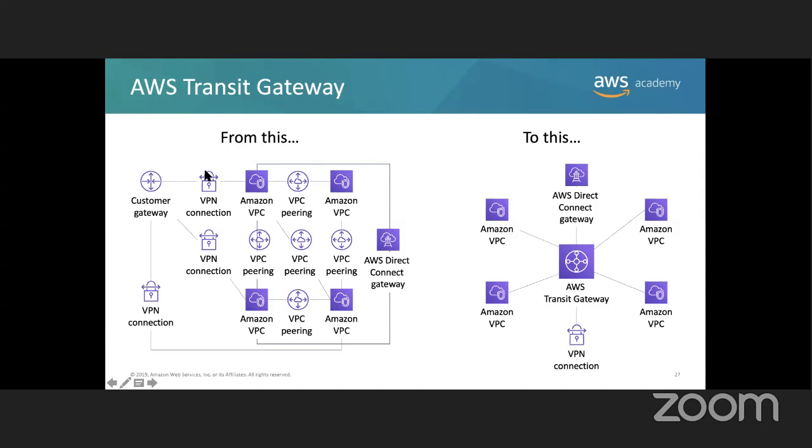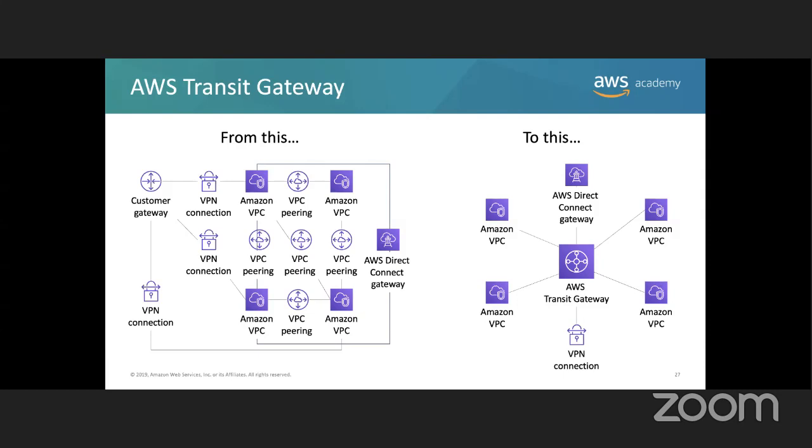So instead of having a bunch of services and devices in the network, they came up with this idea, and now things become very easy. You only need to create and manage a single connection from the central gateway into each VPC, on-premises data center or remote office across your network.